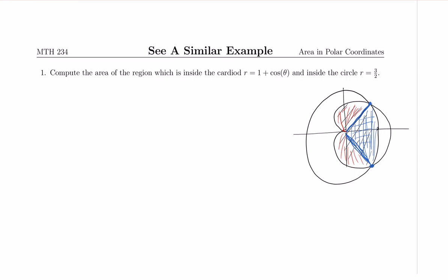So let's call this blue region D1. And let's call the red regions D2 and D3.